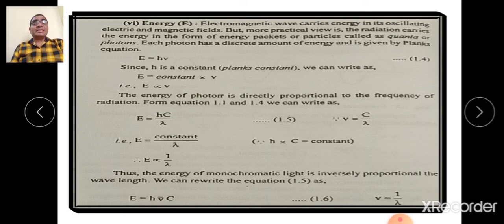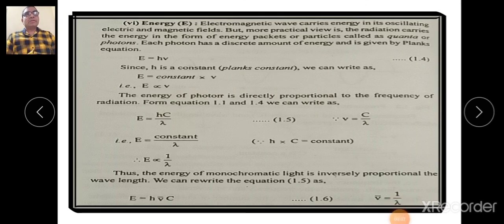As h and c are constants, energy is inversely proportional to lambda, that is, as energy increases, wavelength decreases, and vice versa. Energy is also related to wave number, and the final relation is E equals h into nu bar into c.